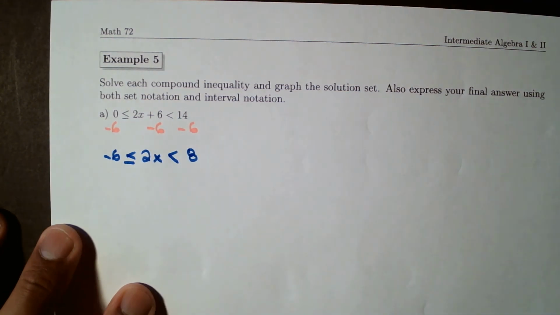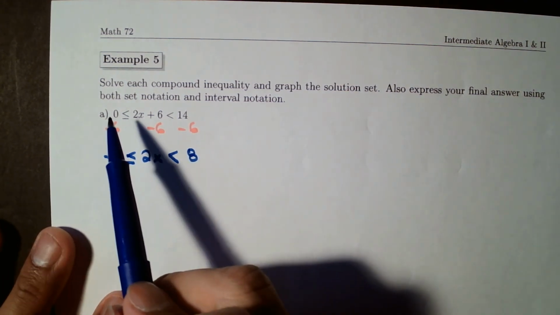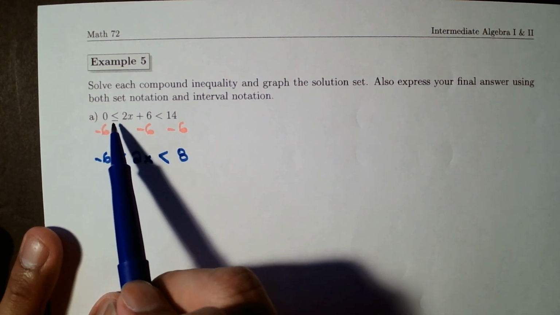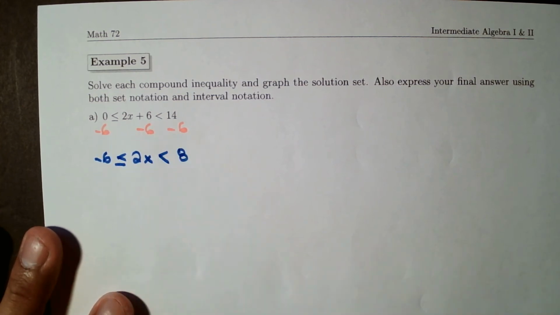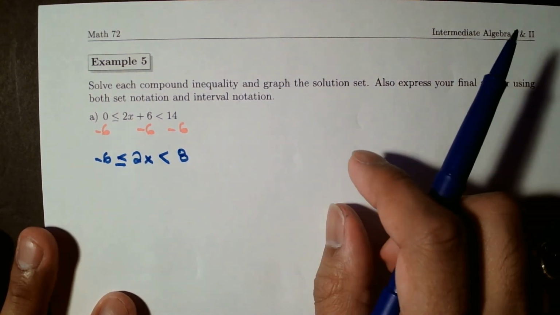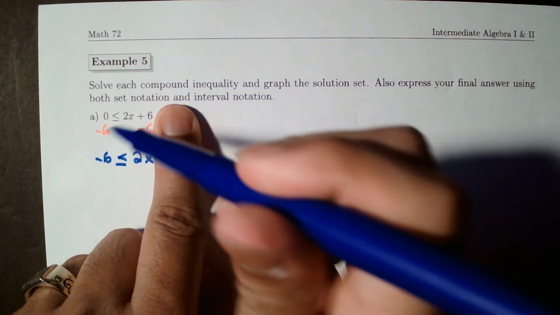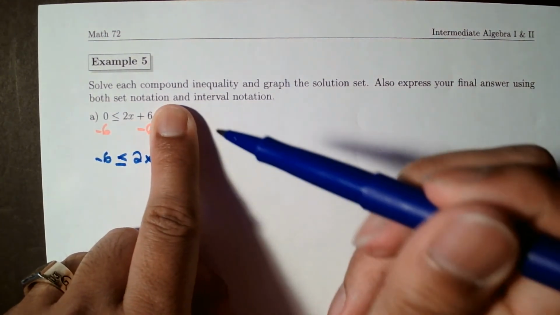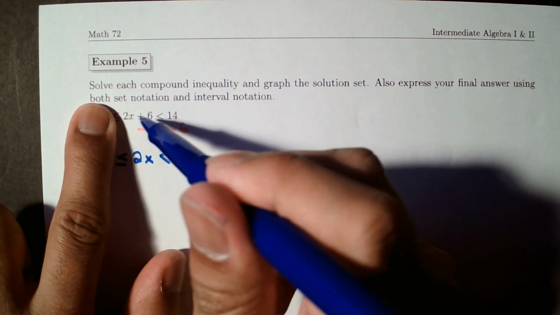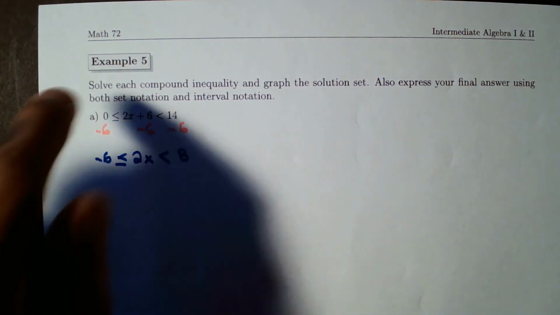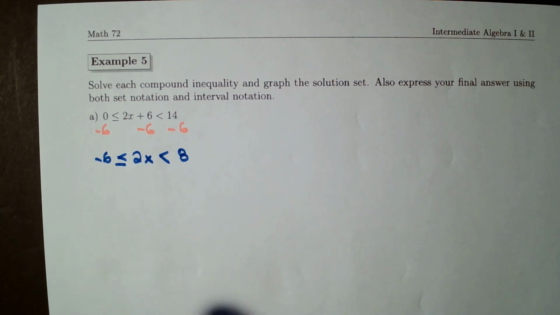Now, the way we read these inequalities: I'm going to give you the incorrect way to read this, 0 less than or equal to 2x plus 6 less than 14. That's not the right way to read these inequalities. The way we read this is 2x plus 6 greater than or equal to 0 and 2x plus 6 less than 14.